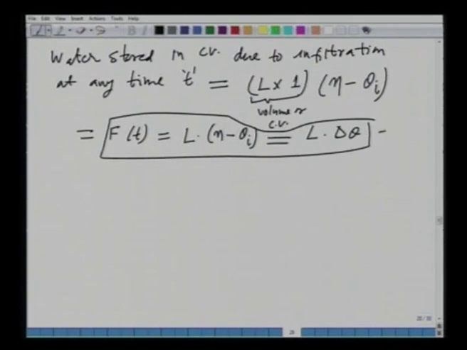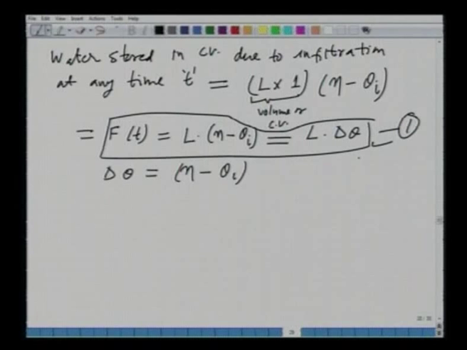I have used just the first principles, where delta theta has been defined as eta minus theta I. It is a quantity representing the infiltration, the amount of soil moisture content in excess of the initial moisture content. So this equation 1 represents your continuity equation.